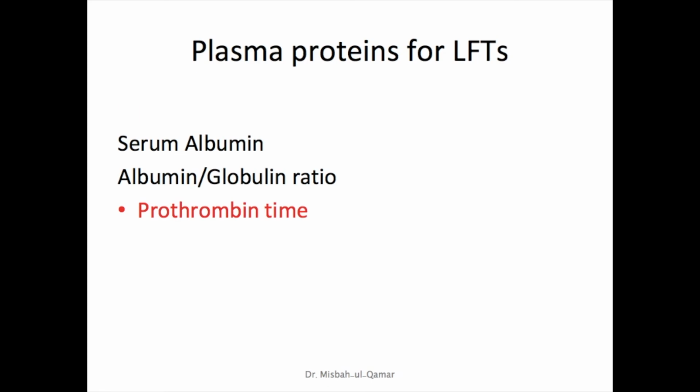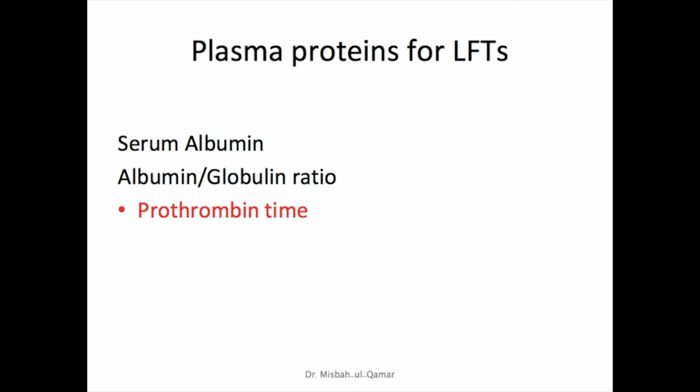Now, how do the plasma protein levels respond? You see, serum albumin levels are decreased in liver disease, and also there is decreased albumin to globulin ratio.